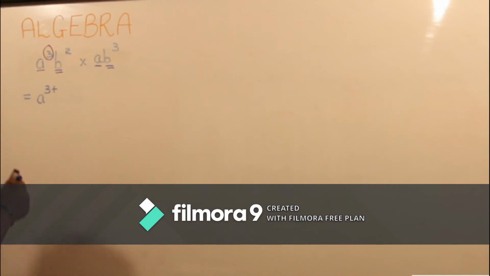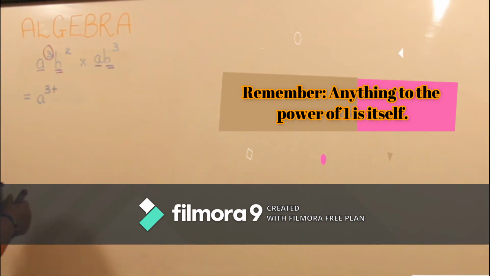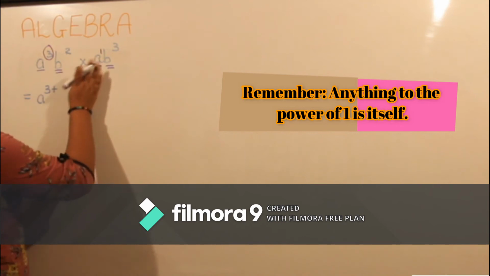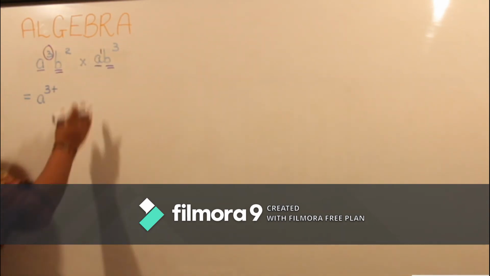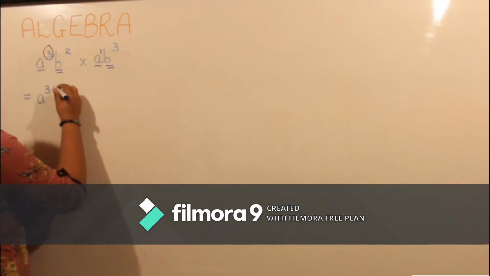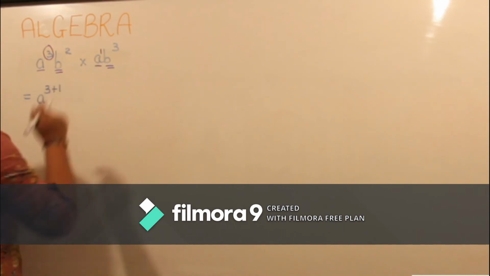What is the power of A here? Well, for some of us, we might be tempted to say 0 because we're not seeing a power. However, this is a reminder, we don't want to take these things for granted. Although I'm not seeing the power of 1, this term by itself represents the power of 1. So the power that I'll be adding to my 3 is 1.